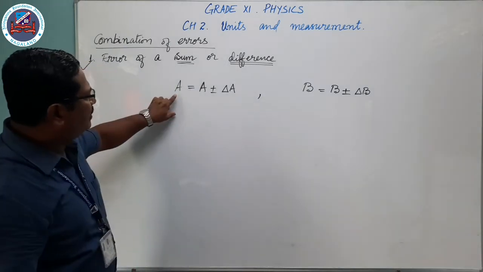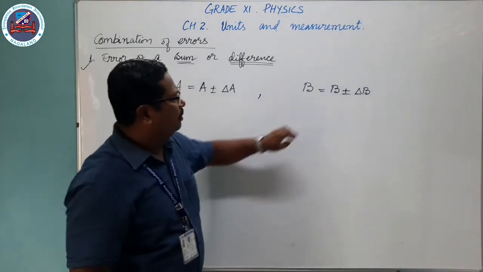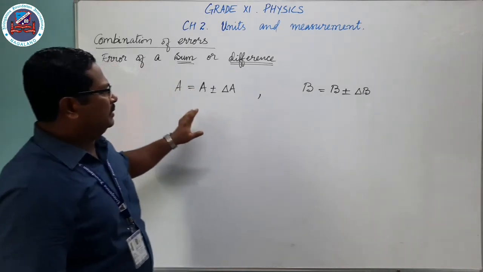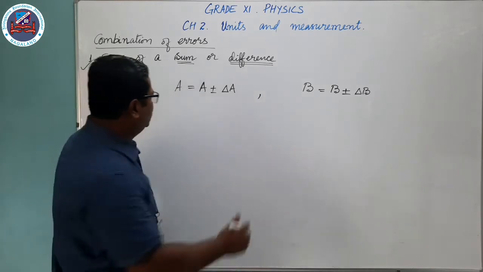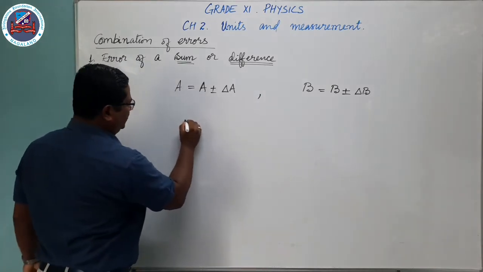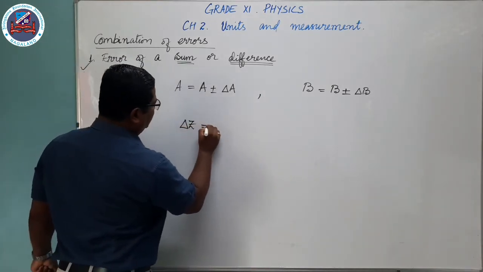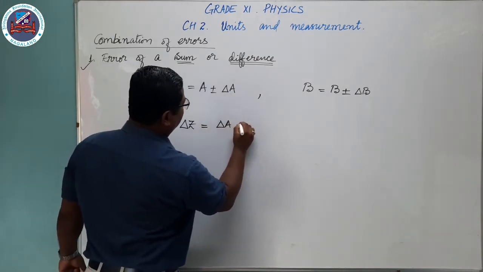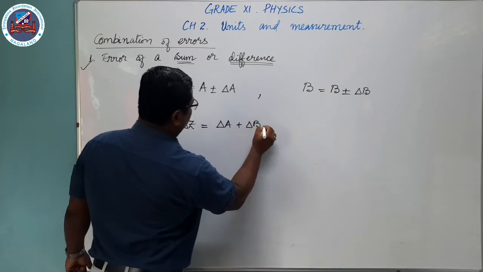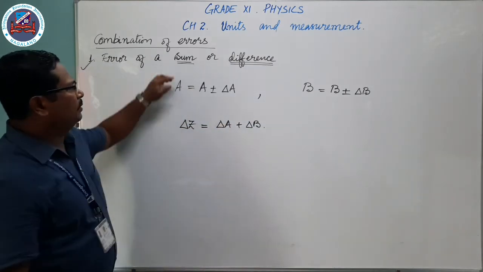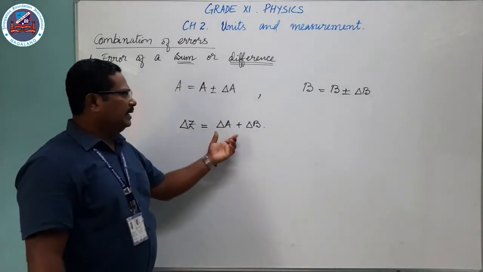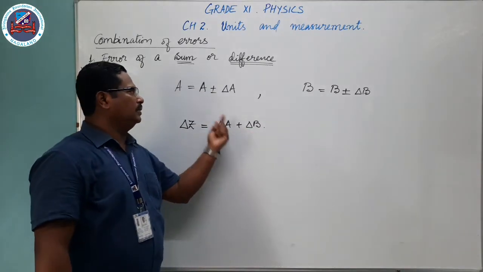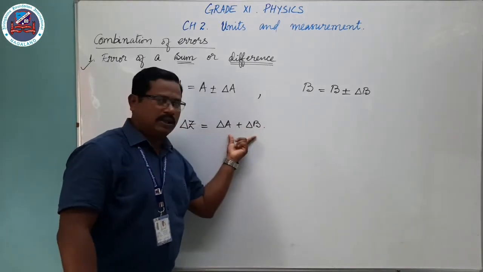Now when I add A and B, or when I subtract A and B, the error part, the absolute error, let us say delta Z, will be the sum of the absolute errors of A and B. Whether you do addition or subtraction, the error part will be the sum of the two absolute errors.